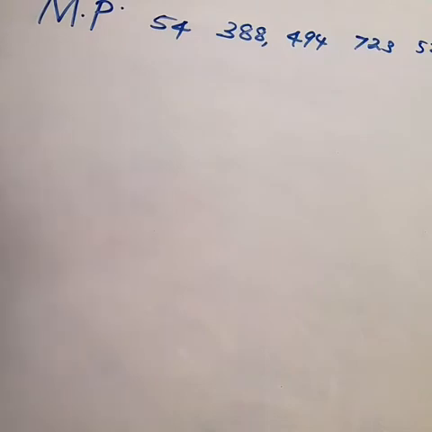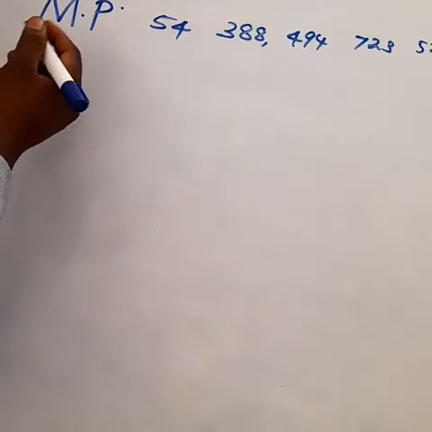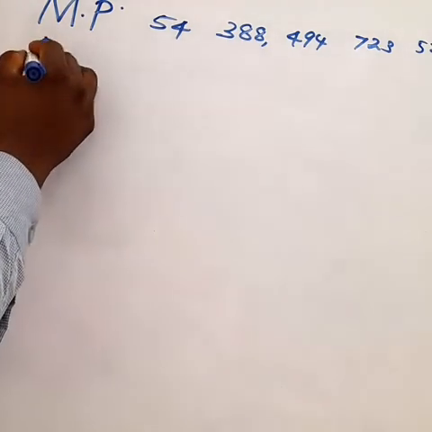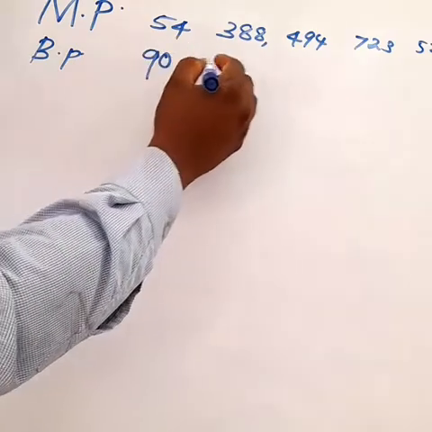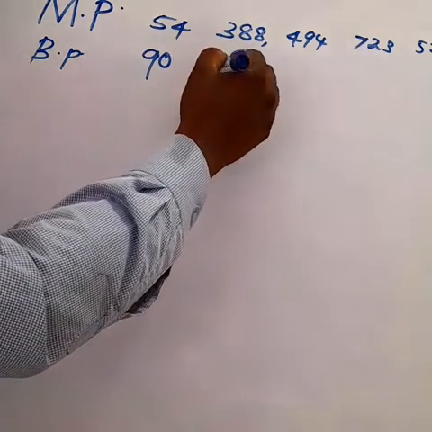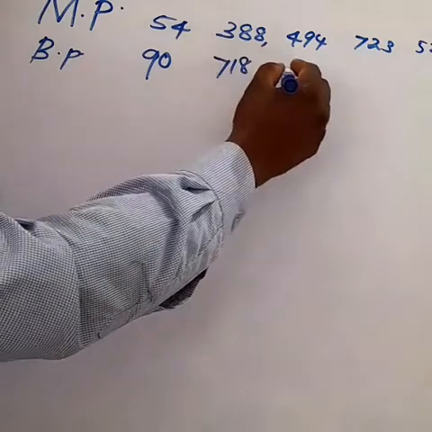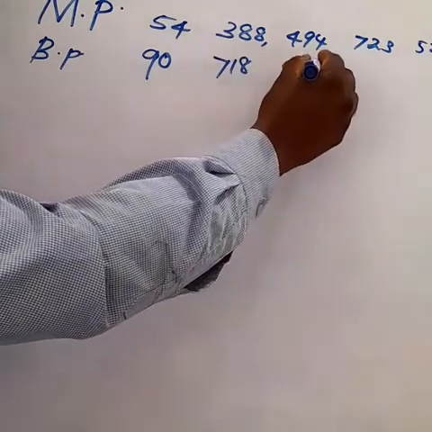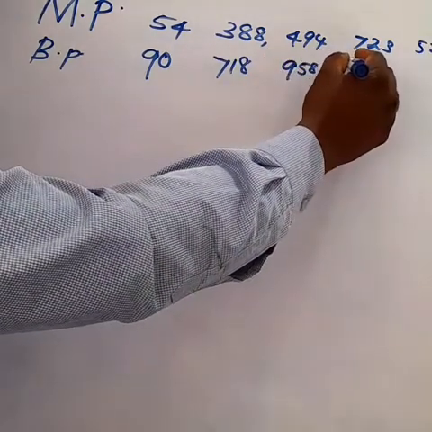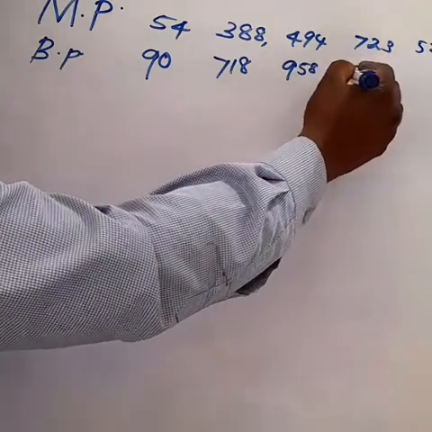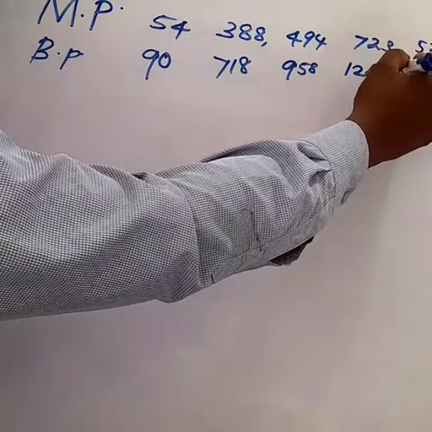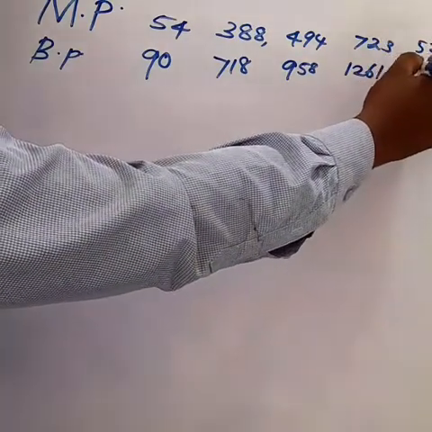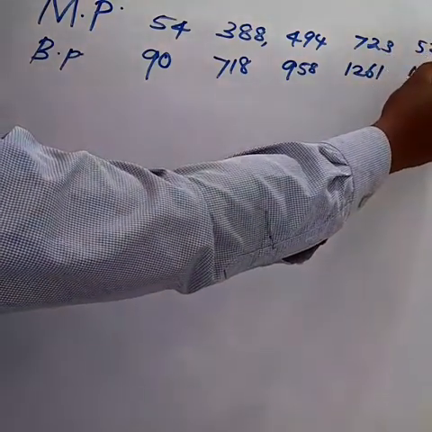Tellurium has the maximum melting point. Next, the boiling point: oxygen 90, sulfur 718, selenium 954, tellurium 1261, and the last one, polonium, 1235. This is about the boiling point.